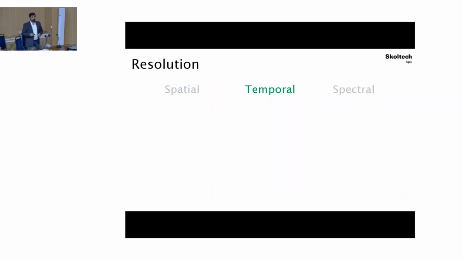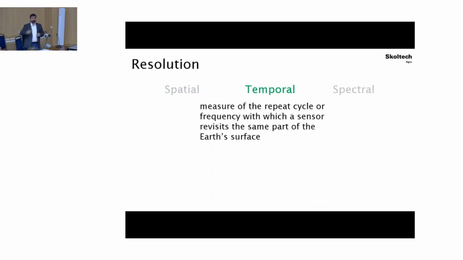Temporal resolution is simply how often the satellite comes back to the same point again. So it might be every day, it might be once in a week or 2 weeks, it might be once in a month. It depends on the sensor design and the orbit design. Right?